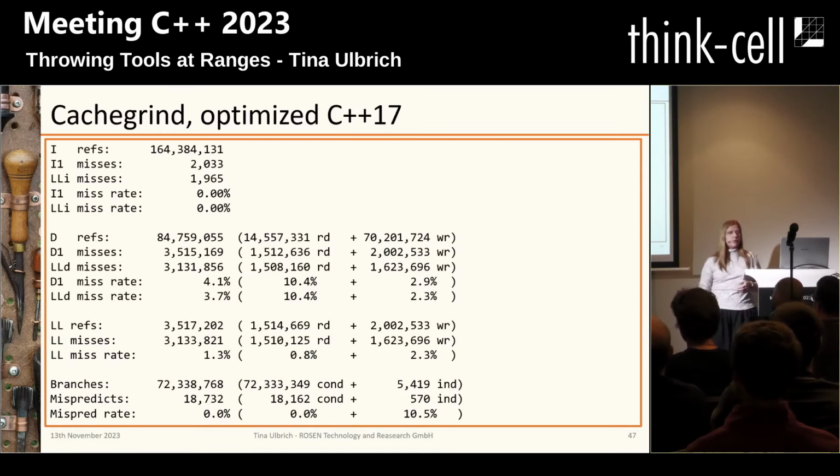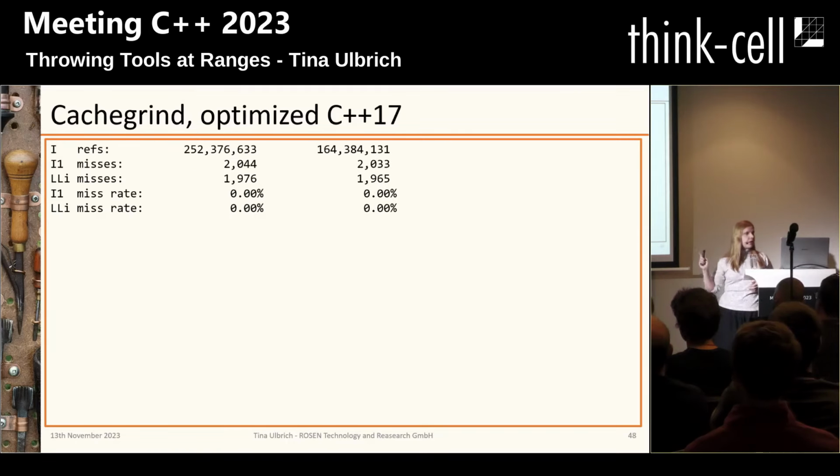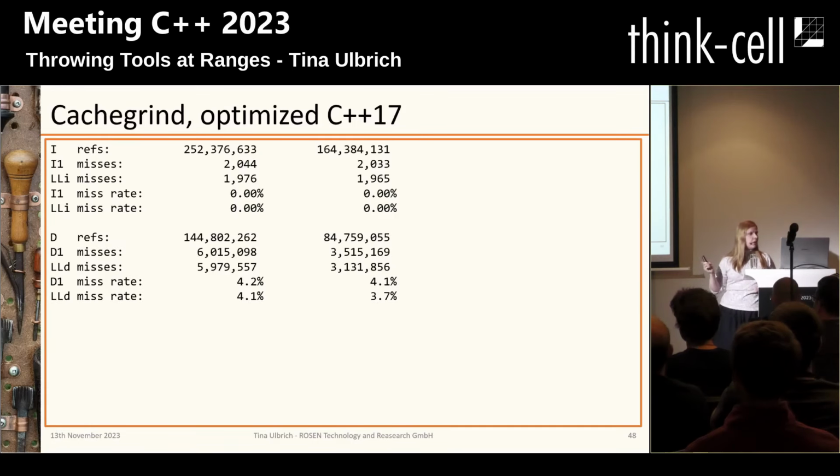This is the output for the optimized C++17 version. If we compare it, we see again that the instruction refs went down a lot. Mispredict is also 0%. We also decreased the data refs, for the same reason as in the C-style version. We have fewer temporaries that we need to write, read, store and fetch.